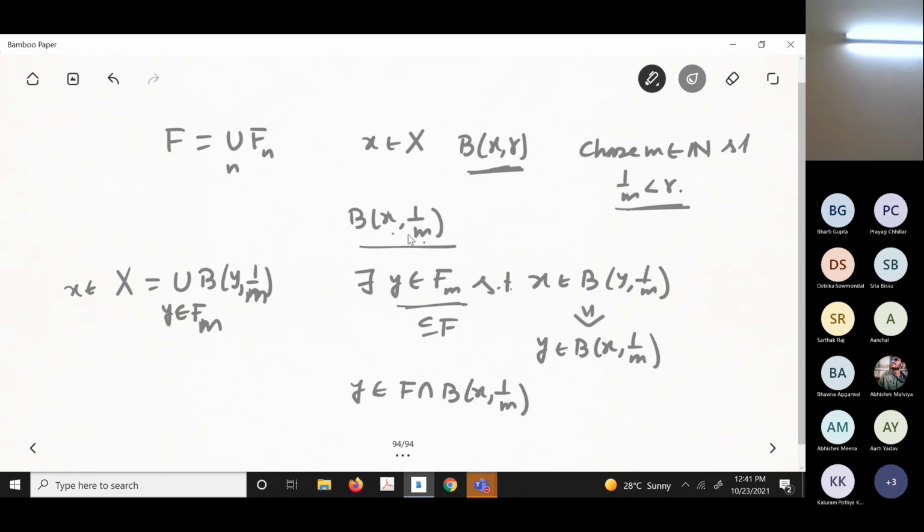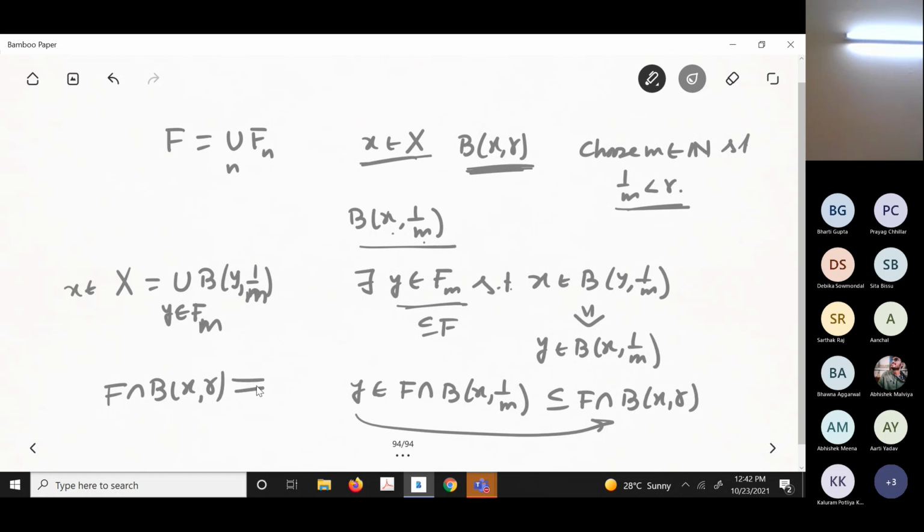But this ball B(y, 1/m) is a subset of B(x, r). That is exactly what I needed to prove. I have taken any arbitrary x, took any open ball containing x, and I am showing F intersection B(x, r) is non-empty. That precisely means F is dense in X, but F is countable.